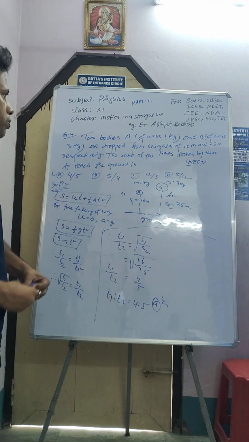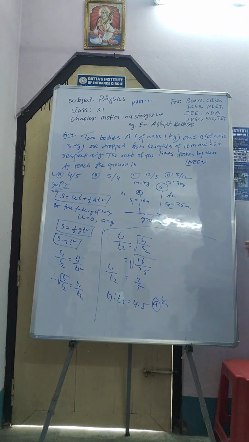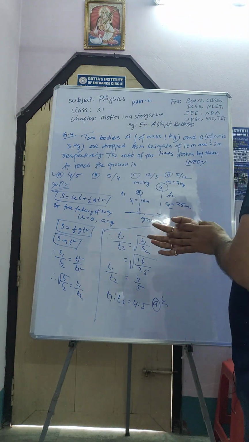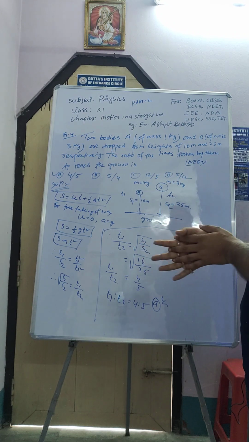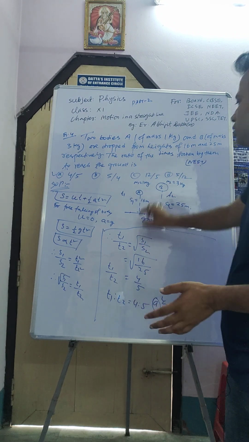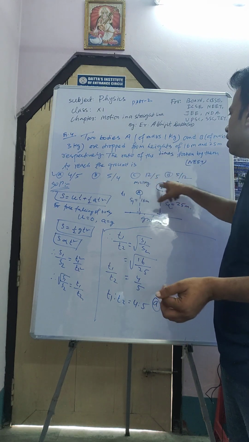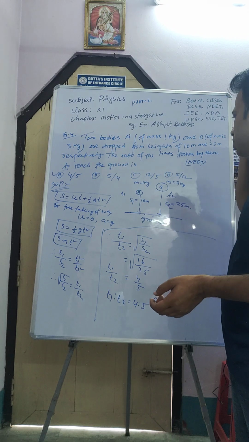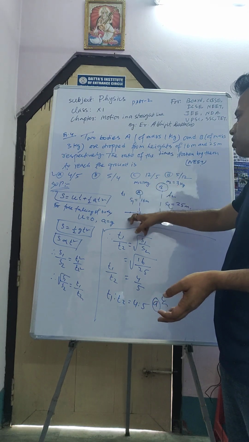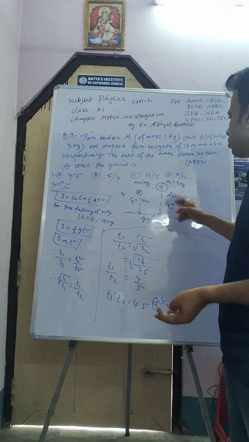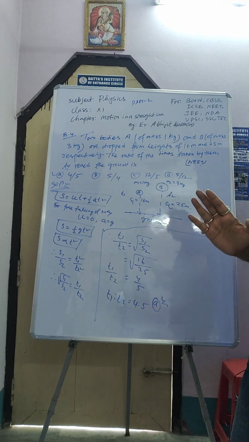Let me explain again shortly. Two bodies A of mass 1 kg and B of mass 3 kg are dropped from heights of 16 meter and 25 meter respectively. One ball is dropped from 16 meter, and the other ball from 25 meter. This one takes time T1 to reach the ground and this one takes time T2. We have to find the ratio of T1 to T2.